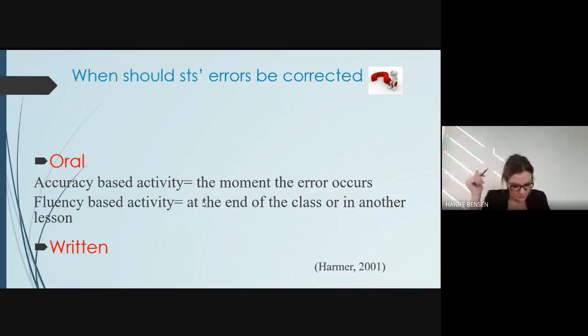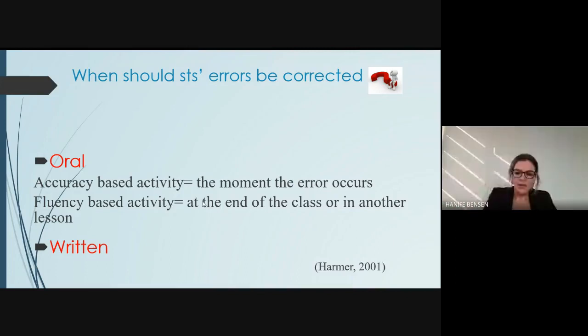Students should also be asked to examine their compositions or their essays to discover their own errors as well. Especially with spoken errors, the errors that hamper communication and distort intelligibility should be corrected immediately, because there's no understanding and communication breaks down.